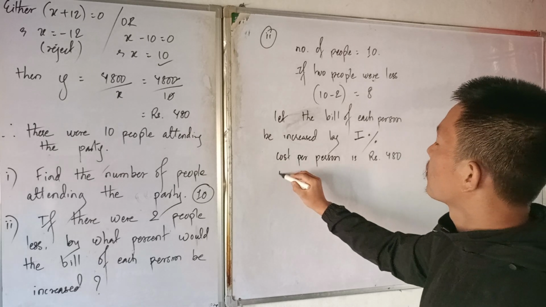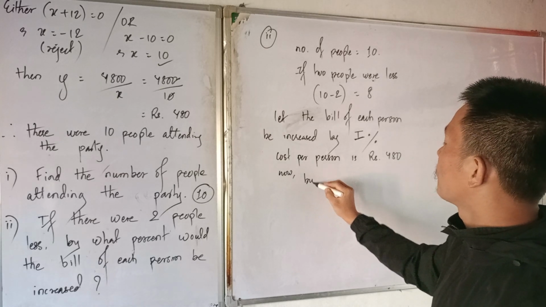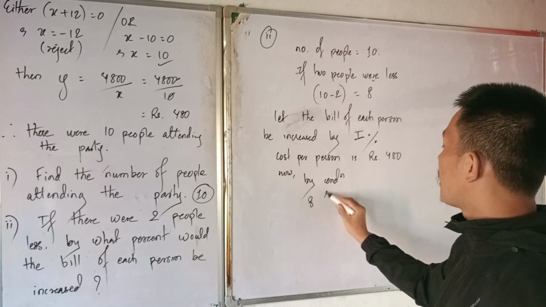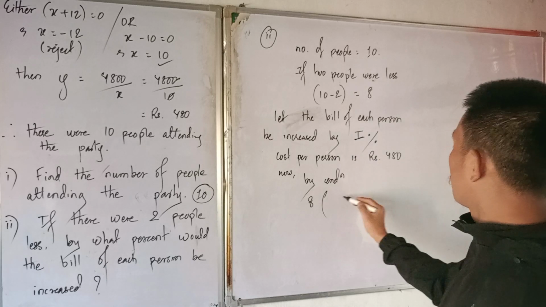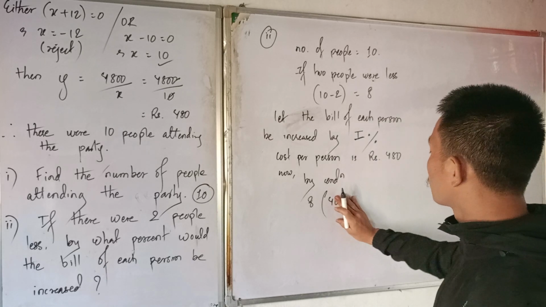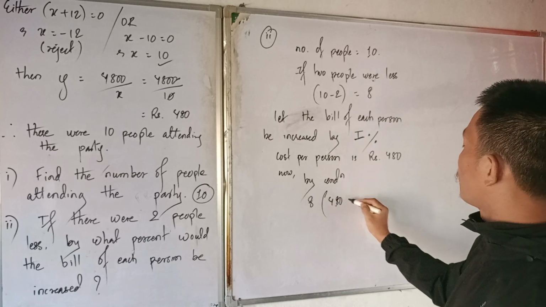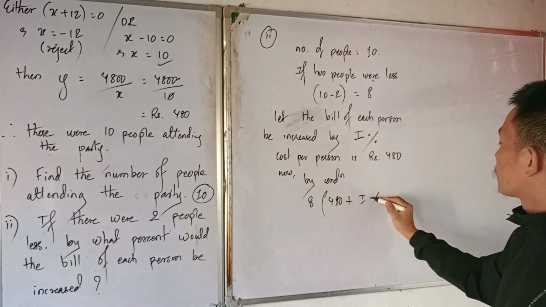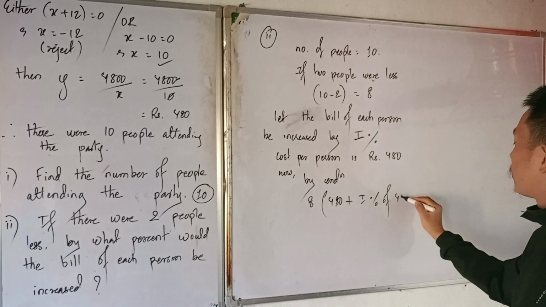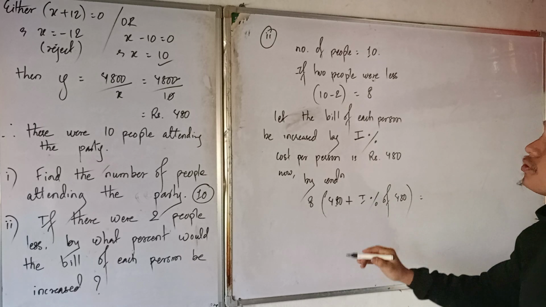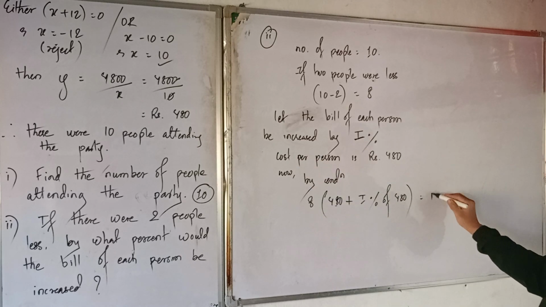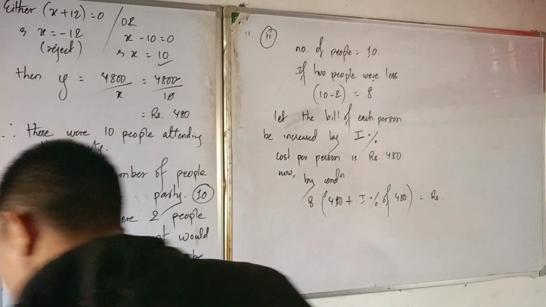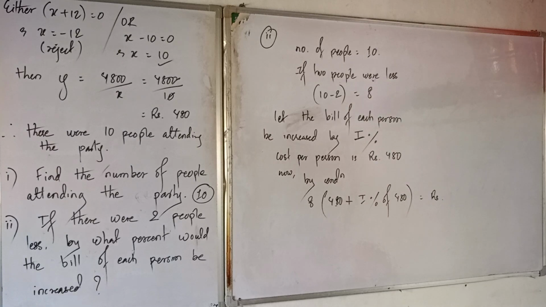Now by condition, 8 times this 480 plus i% of 480, that is equal to the initial one. What was the initial cost we had?